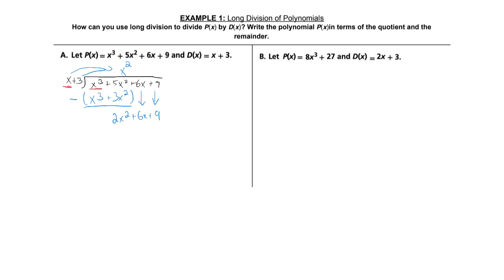Now again, we need to find out what times x gives us 2x squared. So if you multiply by 2x, we'll get 2x squared. So I'm going to write plus 2x here, and I'm going to multiply x plus 3 times 2x.